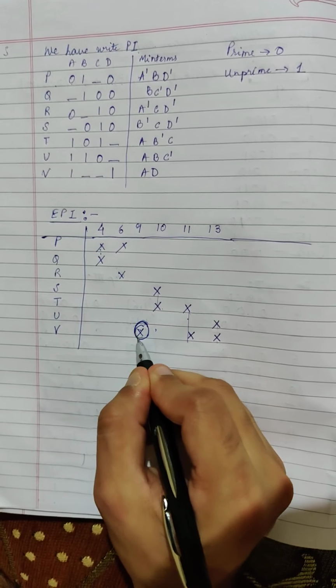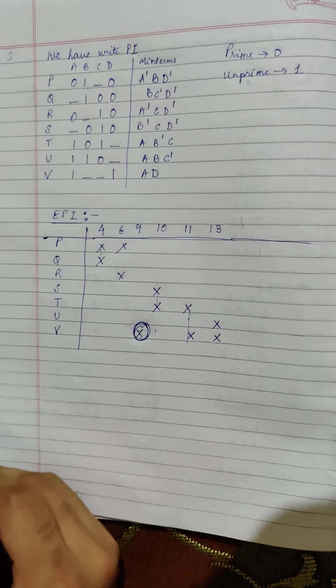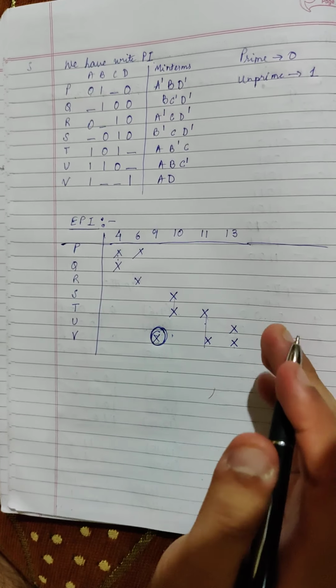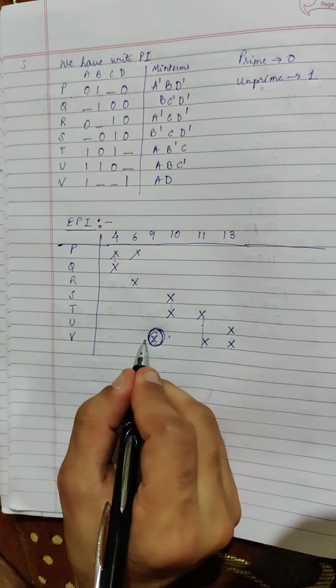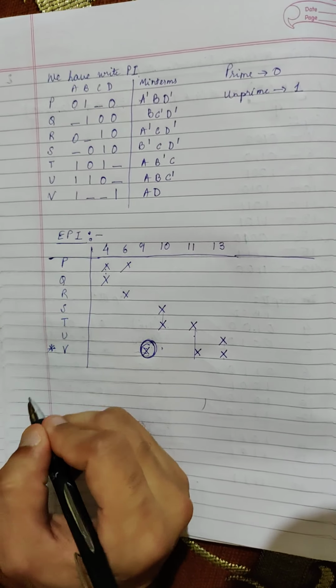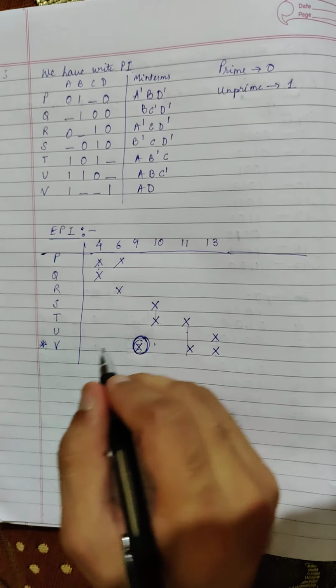So corresponding prime implicant is V, so we make a star mark here.